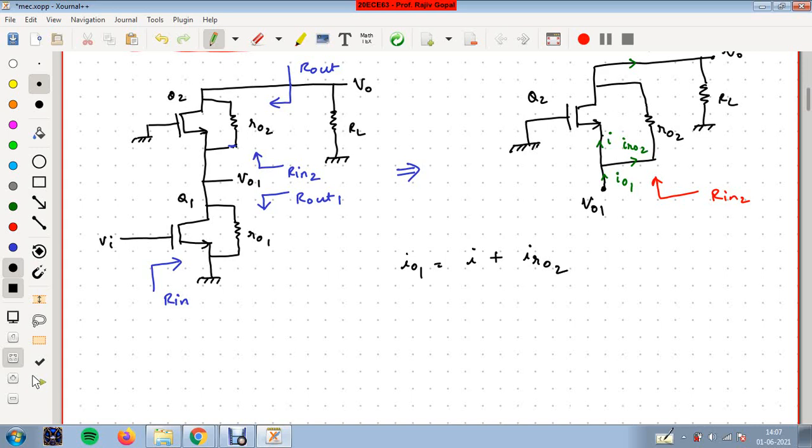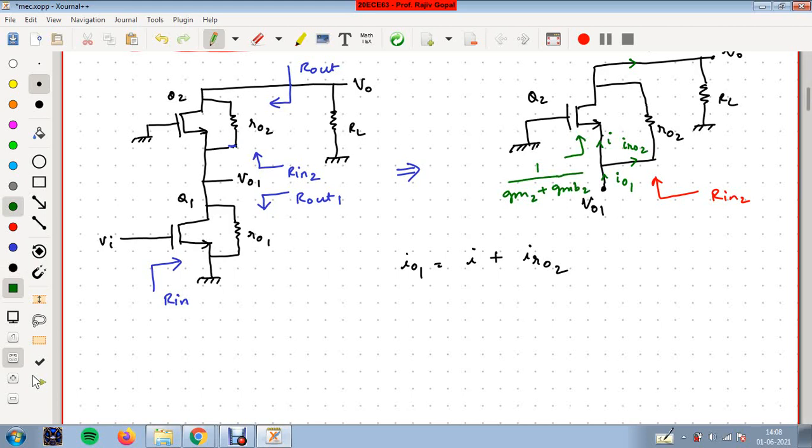Nothing fancy. If you go back to the frequency response of common gate, where we derived the resistance seen at the source, the resistance seen in this direction we derived as 1 by (gm plus gmb). So here it will be 1 by (gm2 plus gmb2).